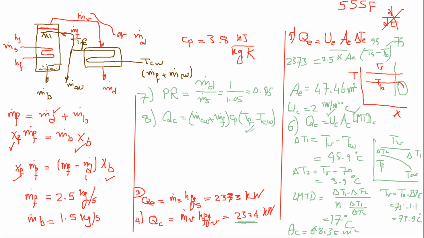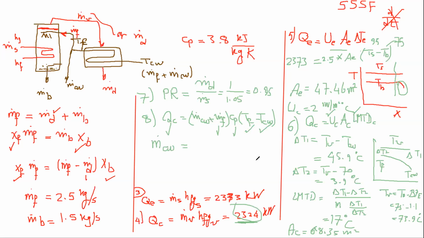T feed is known, 70, T cooling water is known, 28 degrees centigrade. Cp is known, which is 3.8 kilojoule per kilogram Kelvin. M dot feed is known, 2.5 kilogram per second. QC is known, we have calculated it here. So the only unknown here becomes the flow rate of the cooling water.